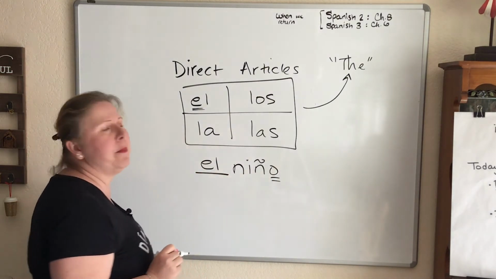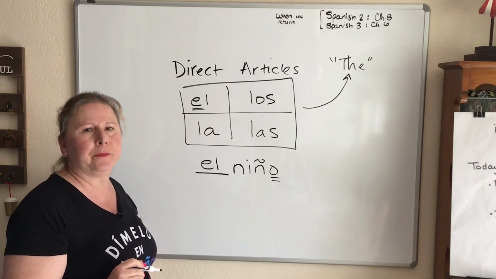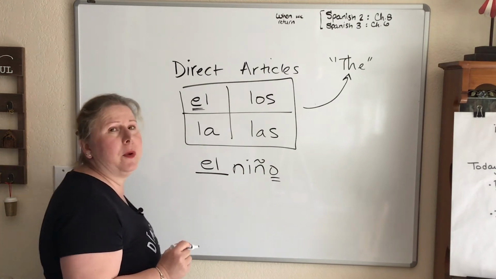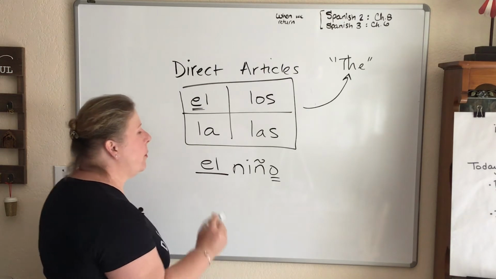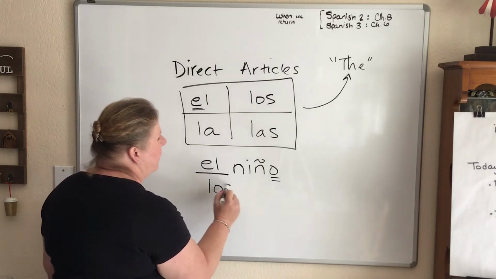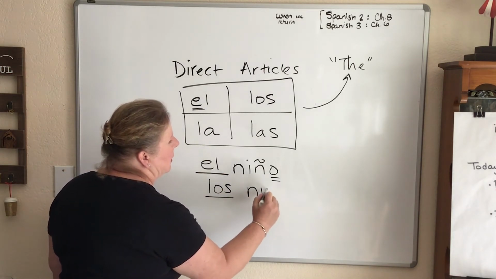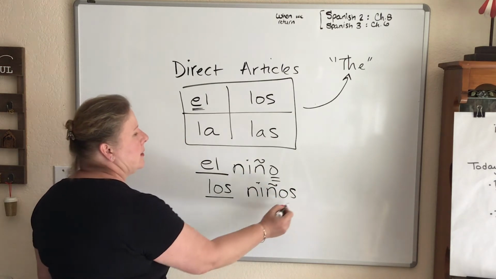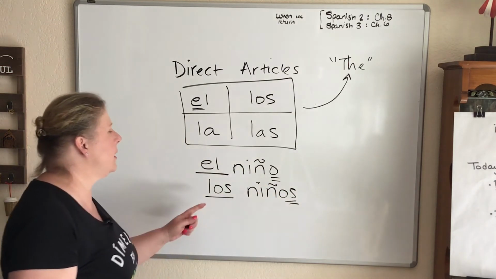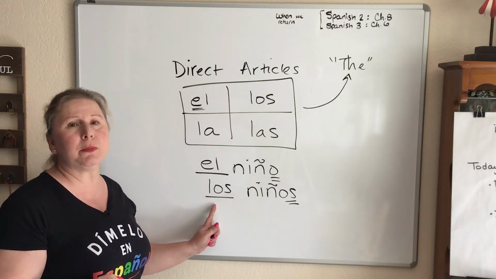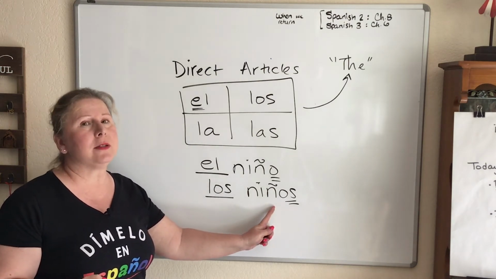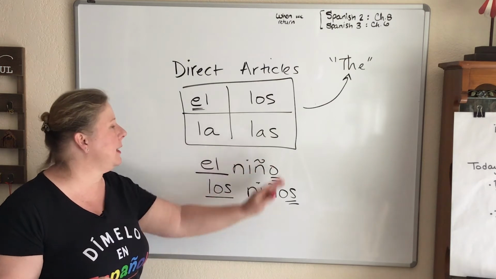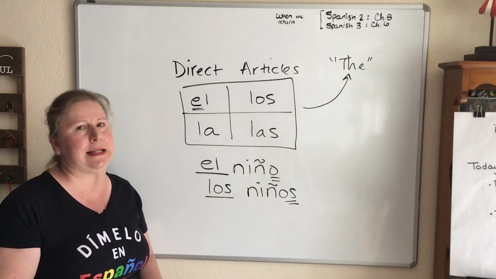So the boy would be el niño. Now, if we had multiple boys, then we would have los niños. Okay, so notice we went to os here. When the goes plural, your noun also needs to be plural. Everything needs to correlate nice and neat.